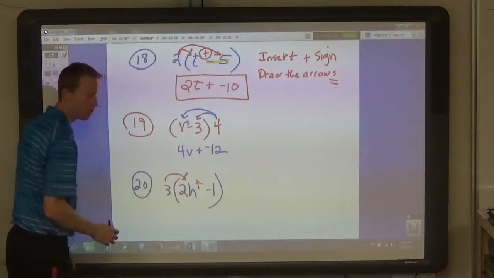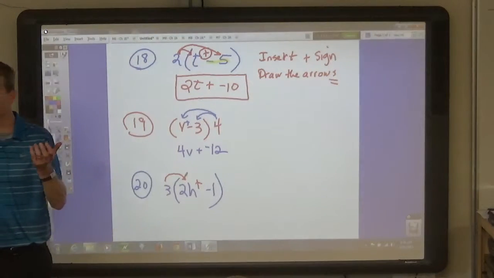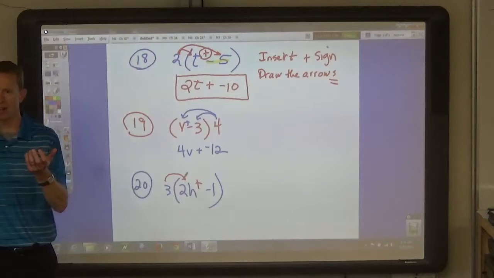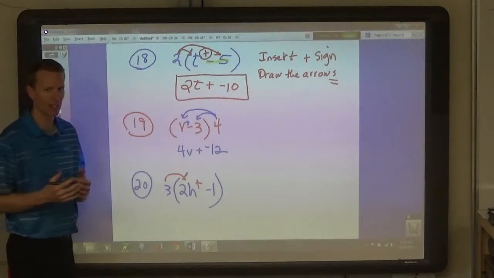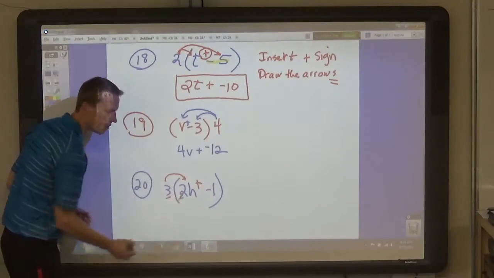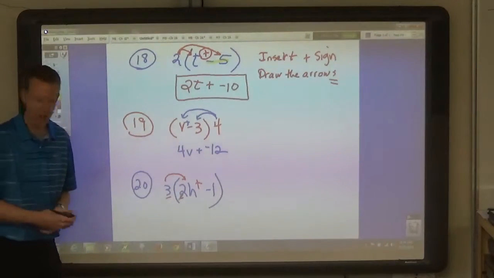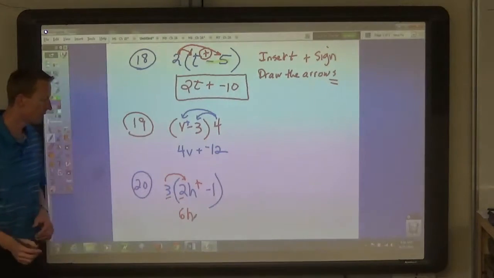Multiply 3 times 2h. If you're starting with 2 h's and you multiply by 3, that'd be 5, but no, not 5. You multiply the numbers and then write it as h's. 6 h's.